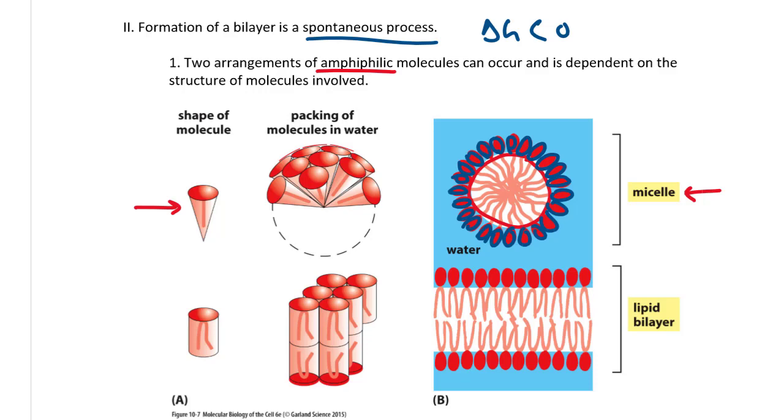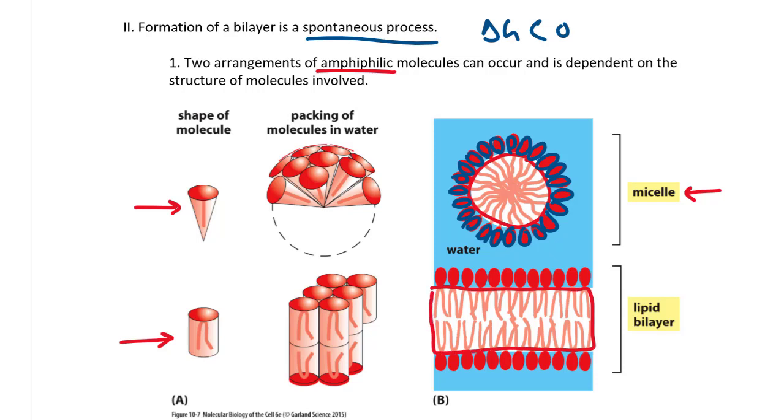Now, when you have a molecule like our phospholipids, they're not going to be cone-shaped. They're going to be cylindrical shaped like this. And the only way that you can minimize the interaction of water with the hydrophobic tails is that you form a lipid bilayer. Now you can see here that all the lipid tails are in the core, right?